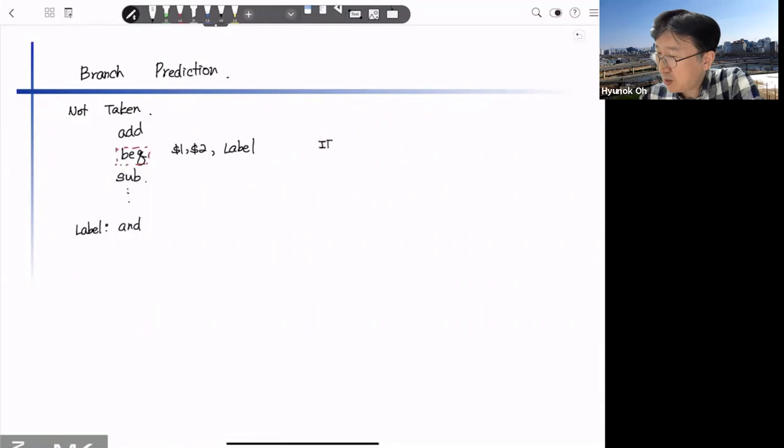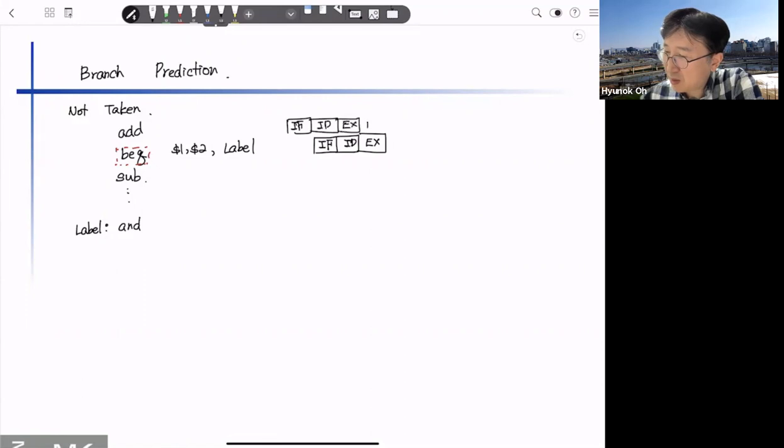So the branch is starting here: instruction fetch, decode, execution. Before that, there is an instruction fetch, decode, execution, write back.